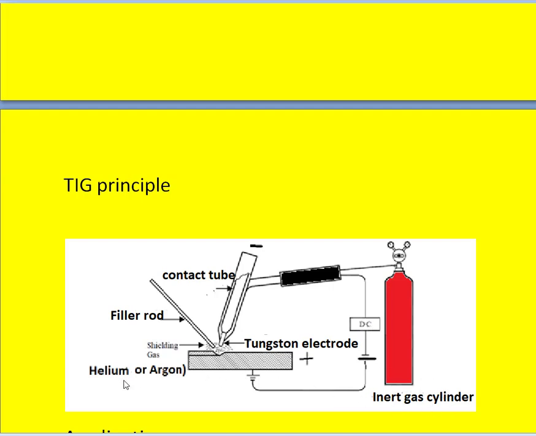The gas we use in the cylinder is normally helium, or argon may also be used. This is called the filler material or filler rod, this is the contact tube, and this is the cable that comes from the supply.